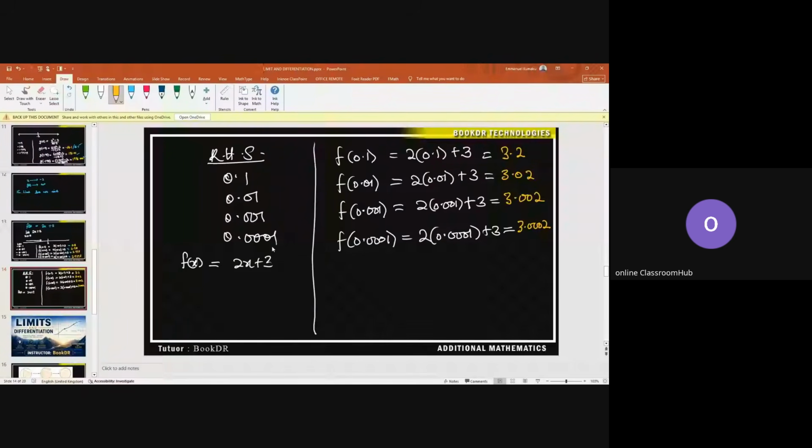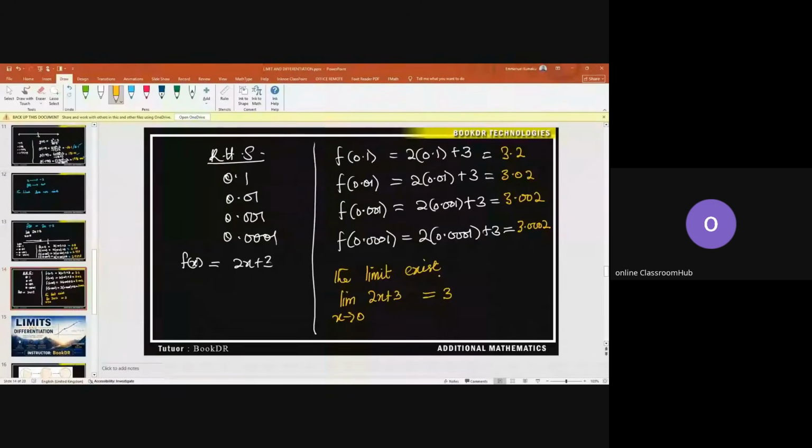So for this function, we can conclude that the limit exists. The limit of the function 2x plus 3 as x approaches 0 is 3. The function in both directions approaches 3 when we did our investigation.